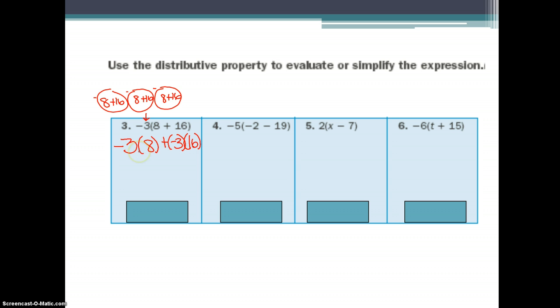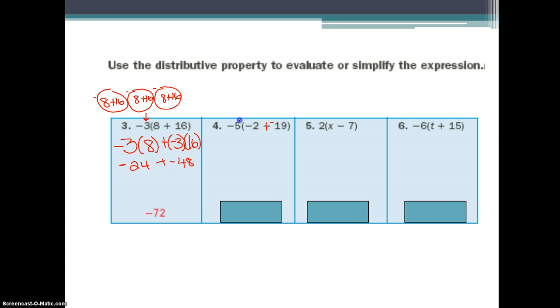For number 3, 3 times 8 is negative 24. 3 times 16, and it's negative, is negative 48. Add those two together because they're the same sign. You have negative 72. For number 4, this is a negative, so negative 5 times negative 2 plus negative 19. You're probably thinking, can't I just add this together in the middle, in the parentheses?